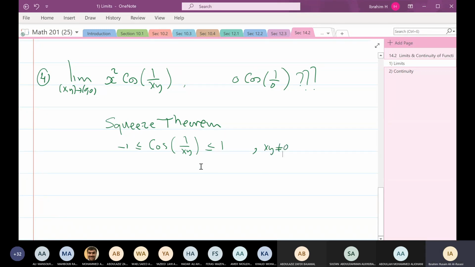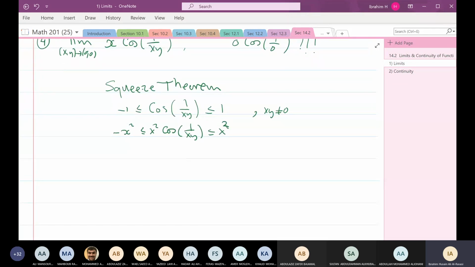You write this condition because if the denominator is 0, this is undefined, so it doesn't lie between two numbers. Now I multiply by x squared, so this implies minus x squared is less than x squared cosine 1 over xy, which is less than x squared. So I squeezed my complicated function between two simpler functions, minus x squared and x squared.